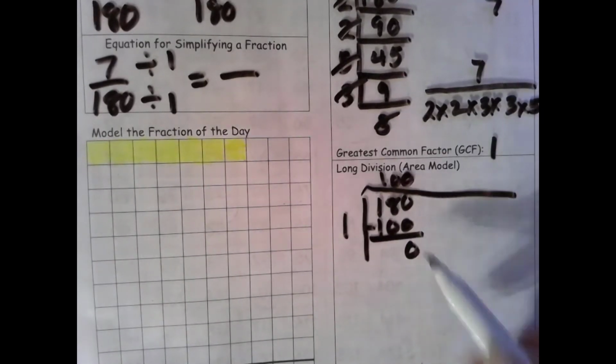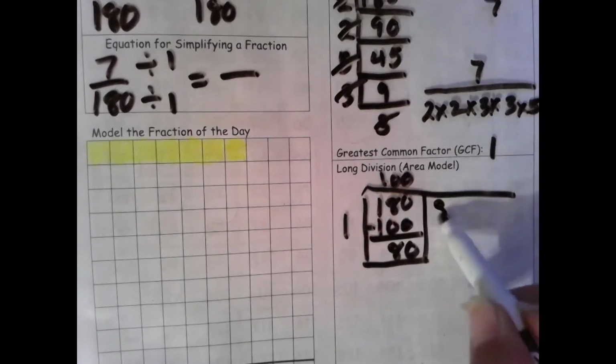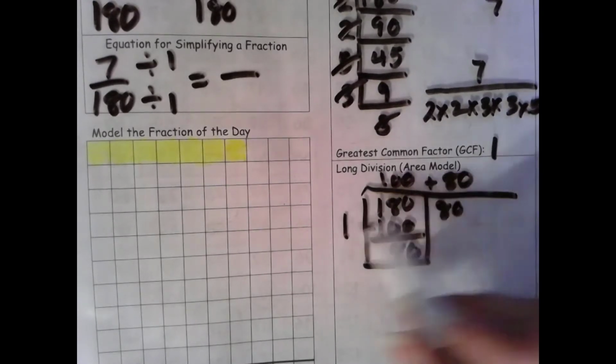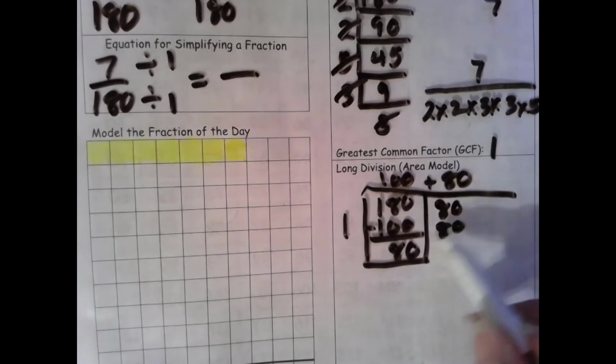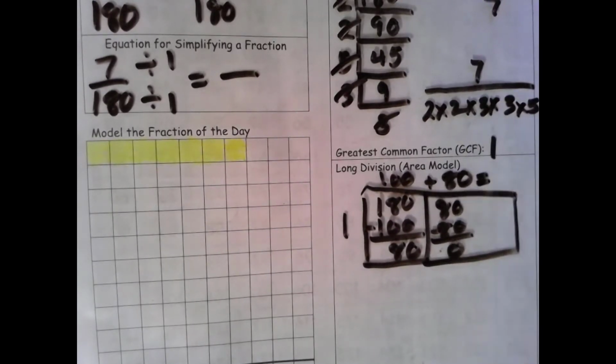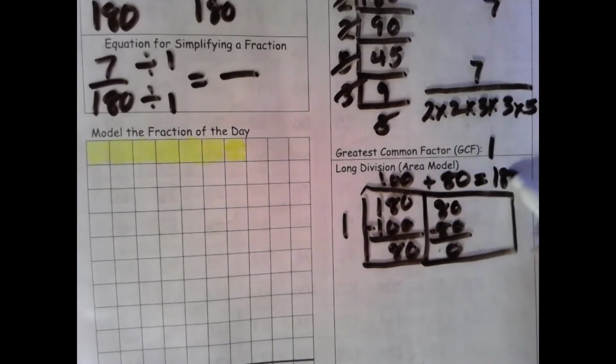Numbers the same, zero's a game, more on top, no need to stop. We get 80. 80 times 1 is 80, right? Numbers the same, zero's a game. Here we go. Partial quotients, 100 plus 80 is 180.